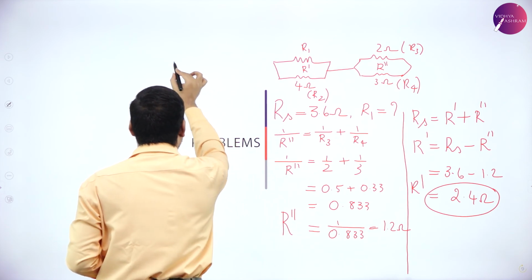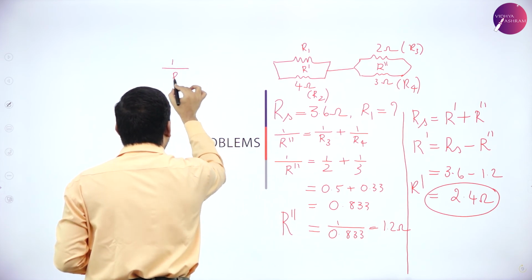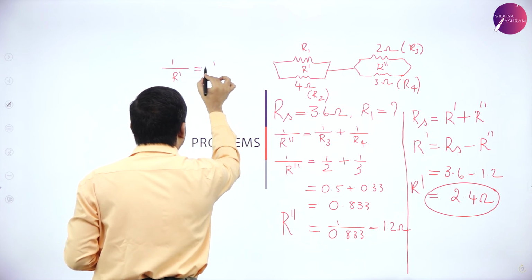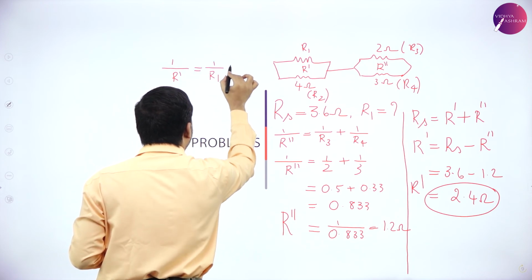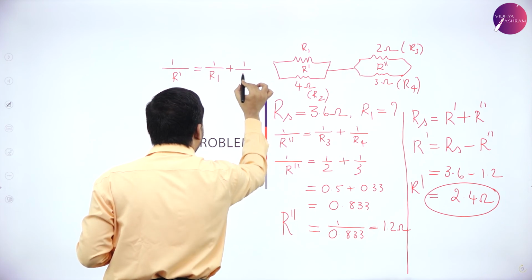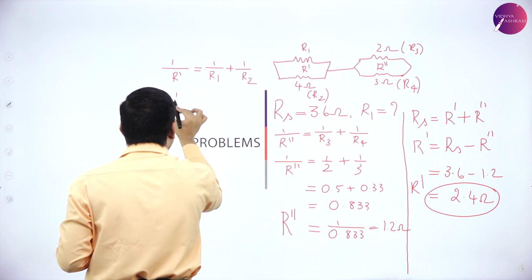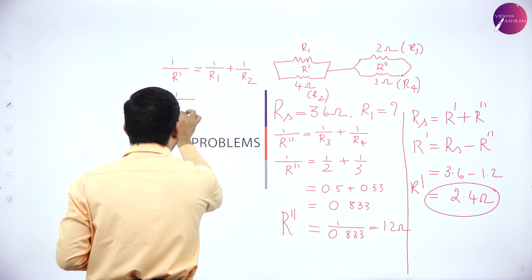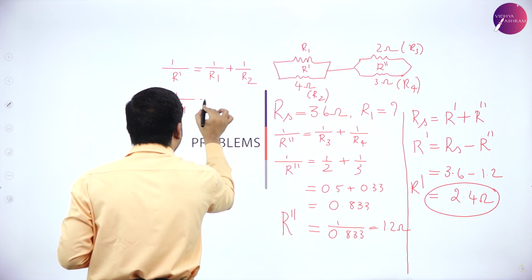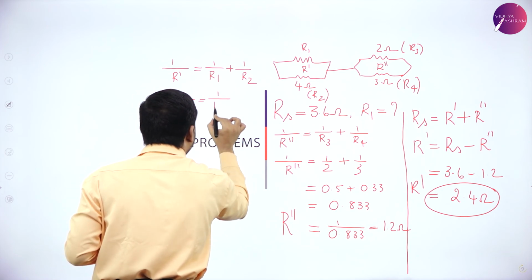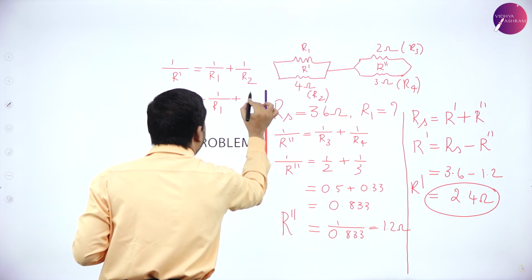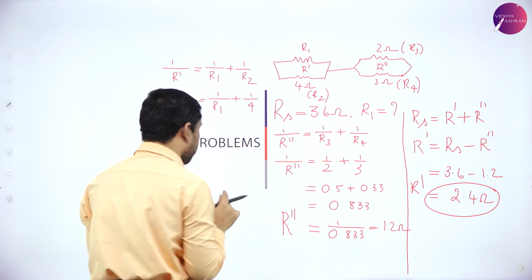Again, it is very simple. 1 by R dash is 1 by R1 plus 1 by R2. 1 by R dash is 1 by 2.4, equals 1 by R1 plus 1 by 4.